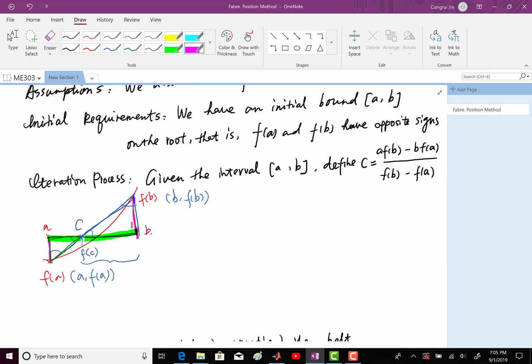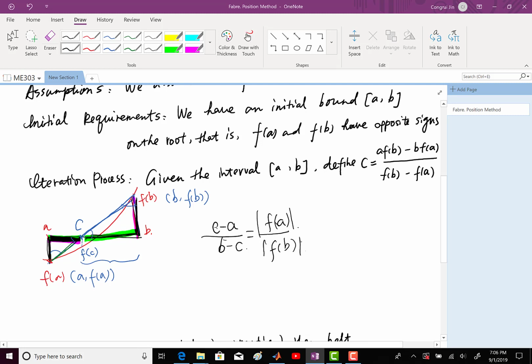So let's see what the value of this length is. It should be c minus a, and the value of this length should be b minus c. This should be equal to this length here, which is the absolute value of f(a), over this length, the absolute value of f(b), right?